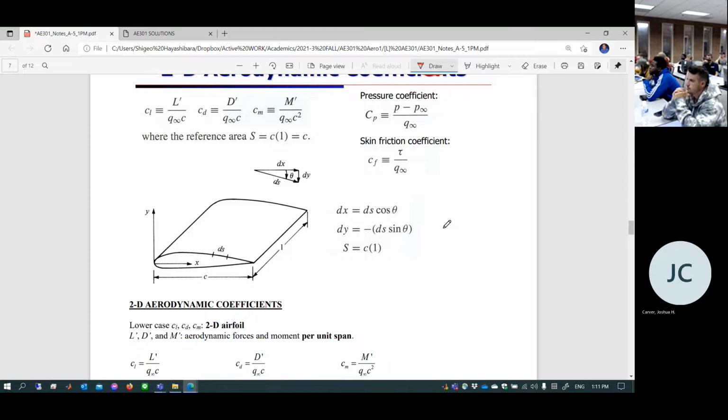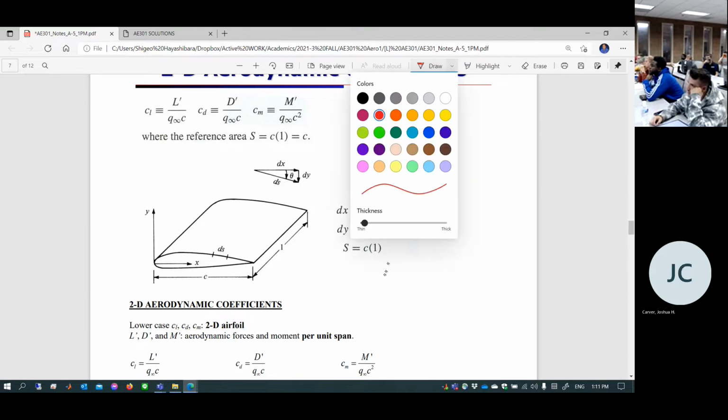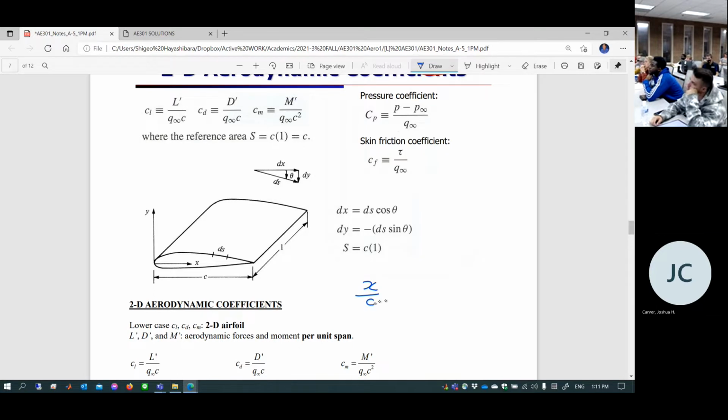Now, even though we're not going to use X or S directly, typically we are going to use X divided by C to make it dimensionless. We are going to know that later. This is the normalized coordinate.